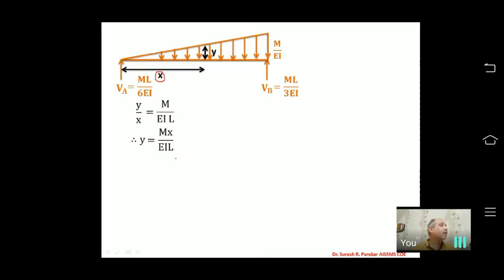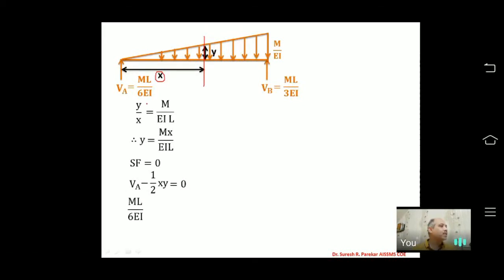Now I will find shear force zero. So till this portion I will consider the values. What will I get? VA minus the area of this triangle, that is VA minus half into x into y. For this triangle, x will be the base and y will be the height. So 1/2 x into y is equal to 0. Now what is VA?